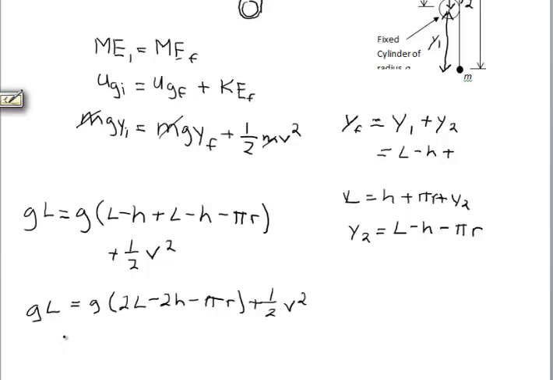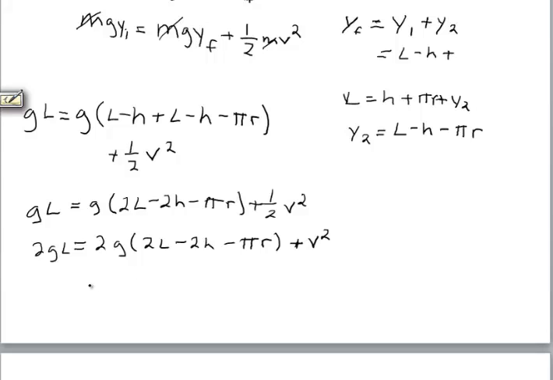And then I'm going to clear out this 1/2, so I'll multiply through by 2. So it'll be 2GL, and this will be 2G, 2L minus 2H minus pi R plus V squared.